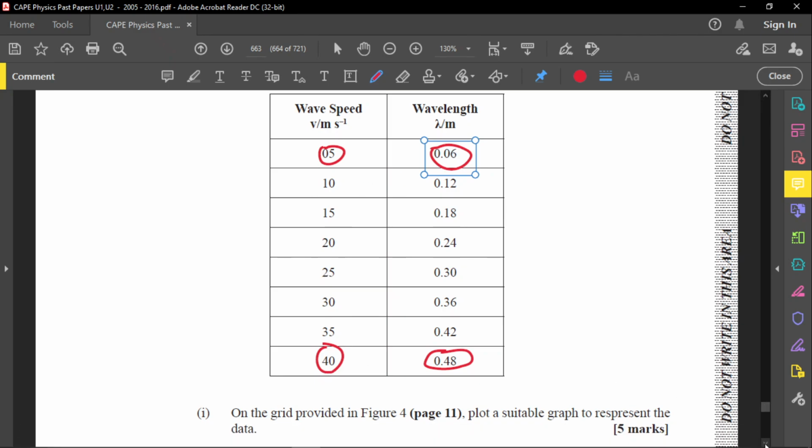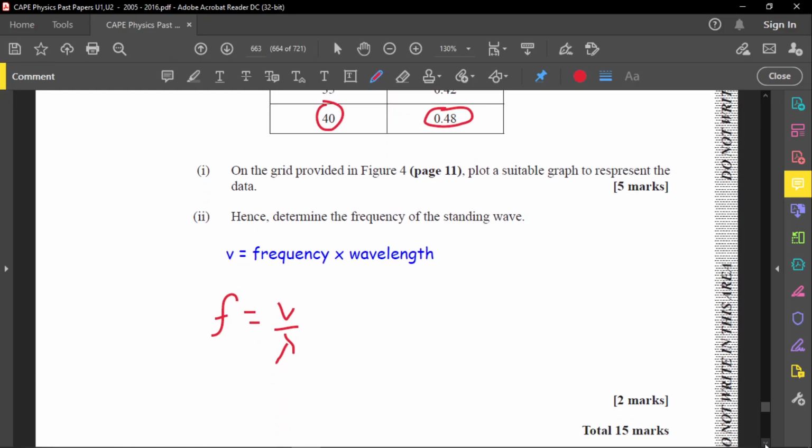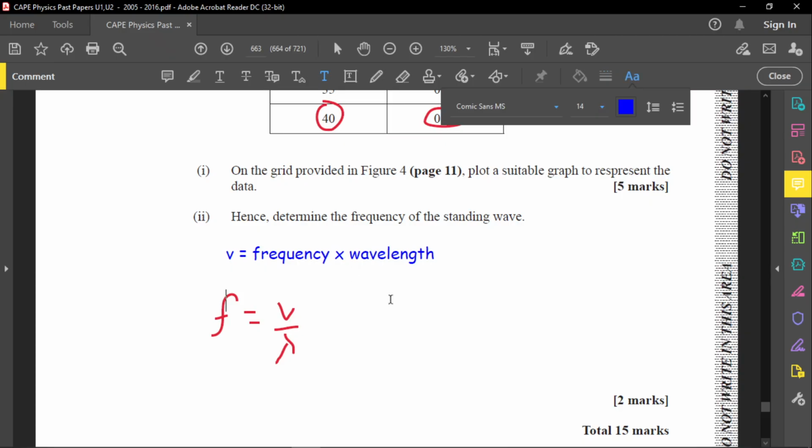So the calculation here: 40 minus 5 equals 35.